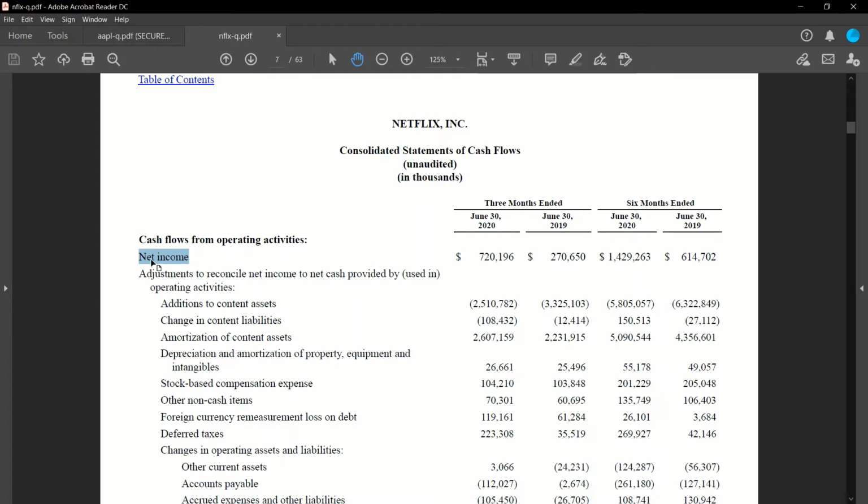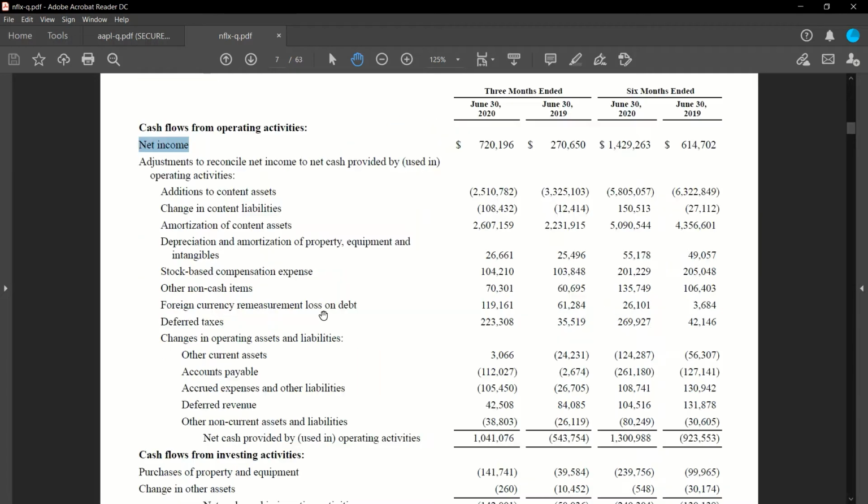So this is from the income statement. This is what you see for GAAP profitability and what's used in a lot of earnings multiples. But it includes a lot of non-cash items. So you can see what they back out here. Adjustments to reconcile net income to net cash provided by or used in operating activities. So Netflix produces Netflix originals.